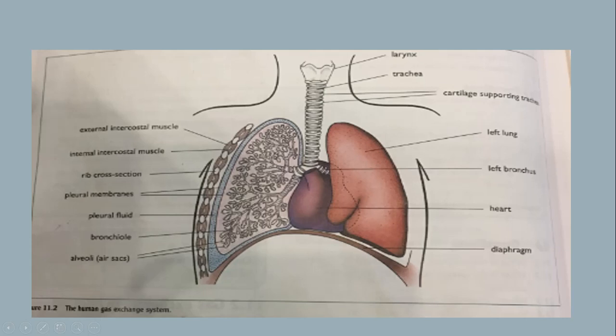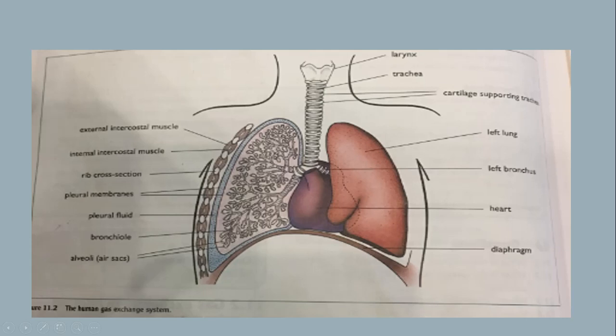And we have other muscles, as you see here. These muscles are called intercostal muscles. These are the muscles, and they always appear as dark areas here.